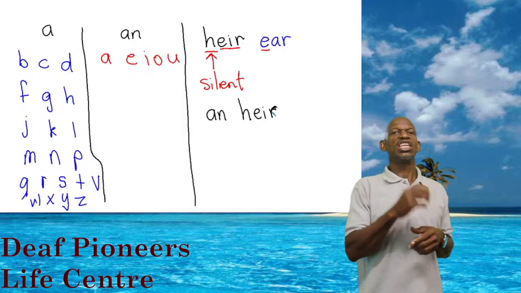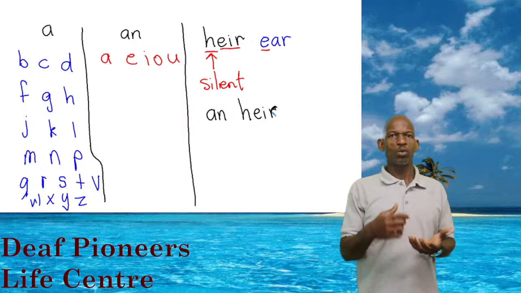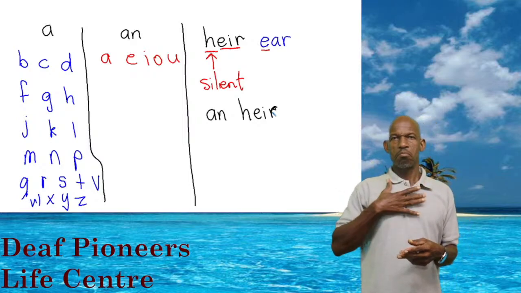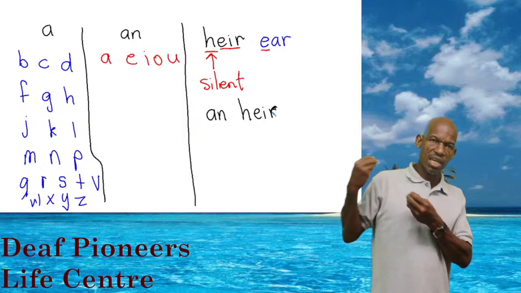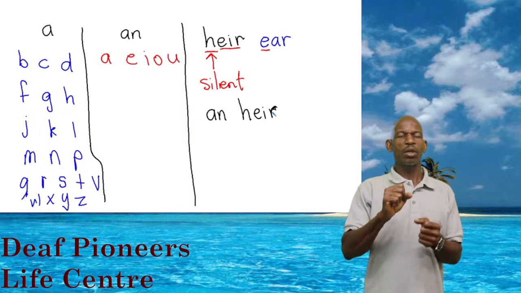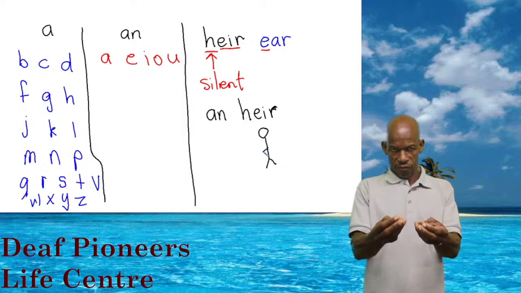So if your mommy dies and you are one of the children, you are an heir. That means you are entitled to get something out of the estate or property belonging to your mother or your father. So this is the name of a person. So it is a noun.